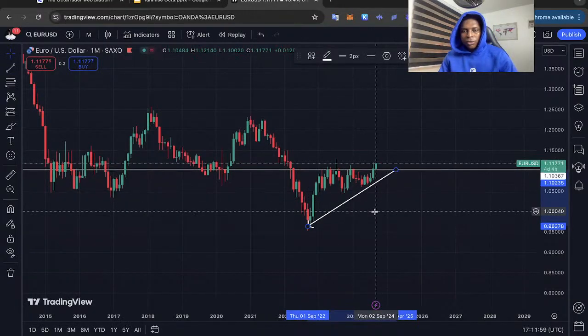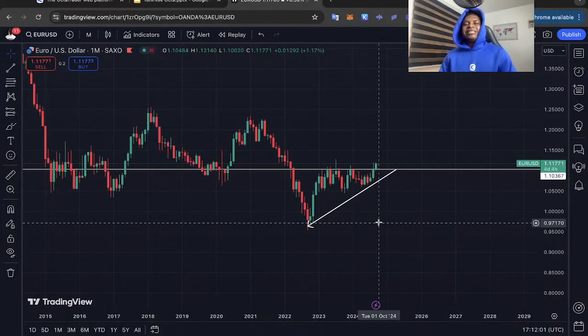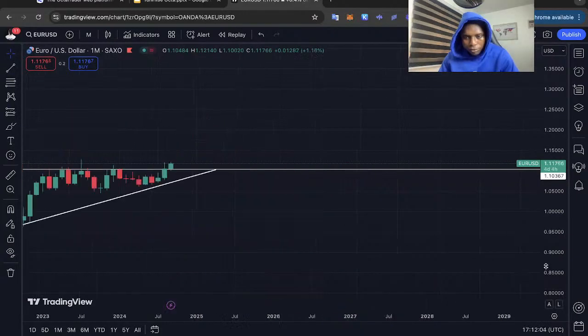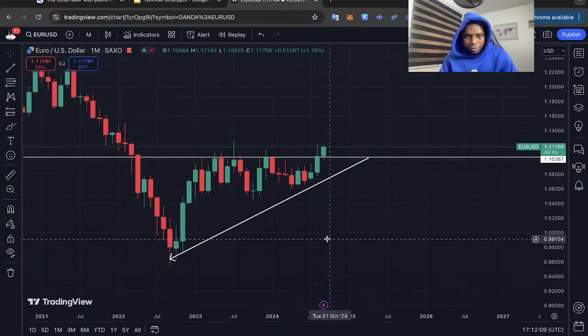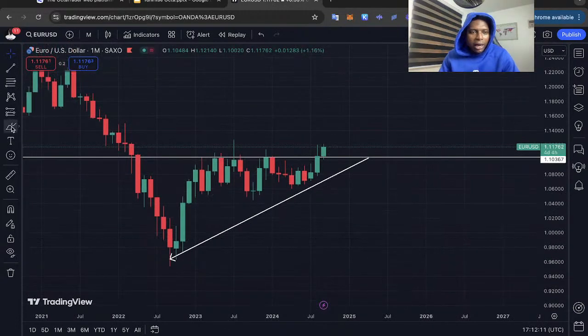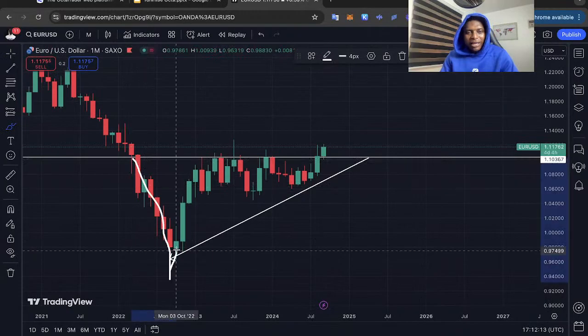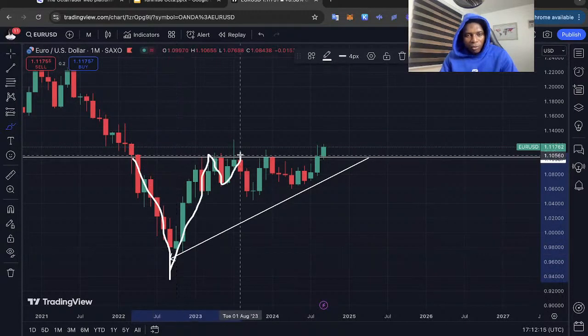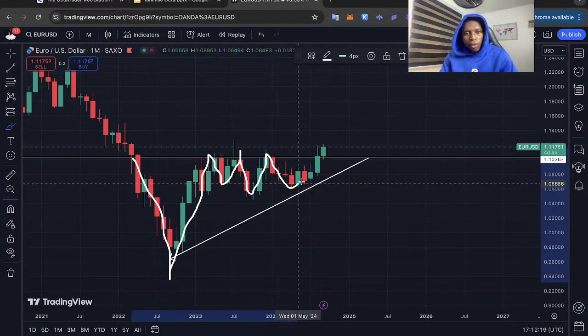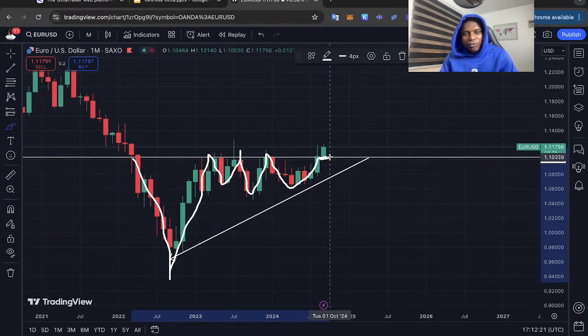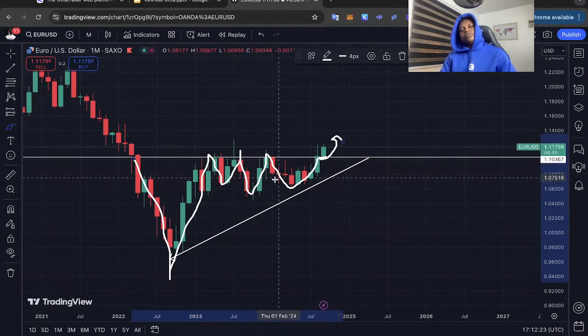So now there is a successful breakout. Let me zoom in so you can see clearly what I'm saying. Price came down here, went up, came down, went up, came down, went up, came down, went up again, and from this level has broken out.